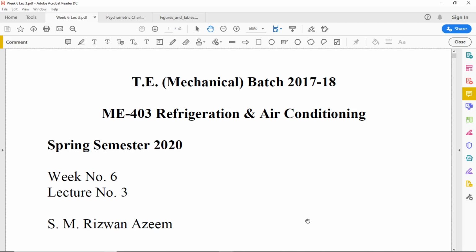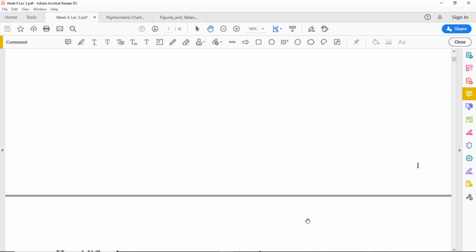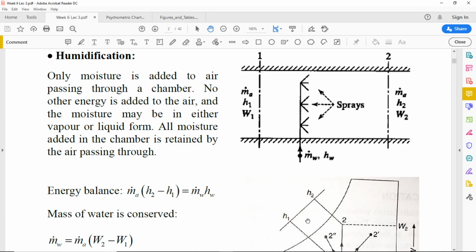Continuing with the psychrometric processes, the next process is that of humidification, in which we add moisture to a stream of air which is entering a duct. The process is carried out by spraying water, either in the form of a liquid or steam, into the air stream.